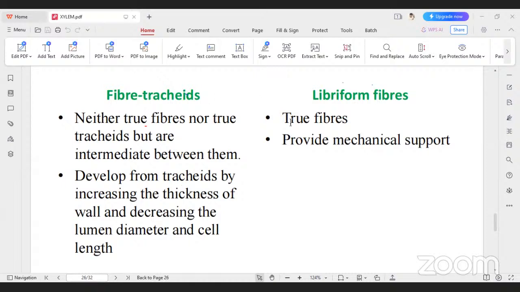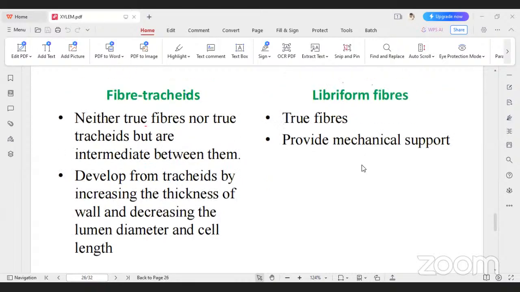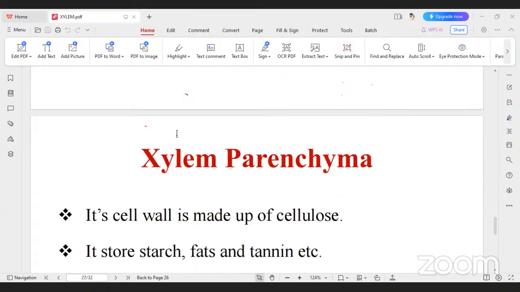But libriform true fibers develop from the tracheids by increasing the wall thickness and decreasing the lumen diameter and cell length. Libriform fibers provide mechanical support. Of course, fiber tracheids also provide mechanical support.